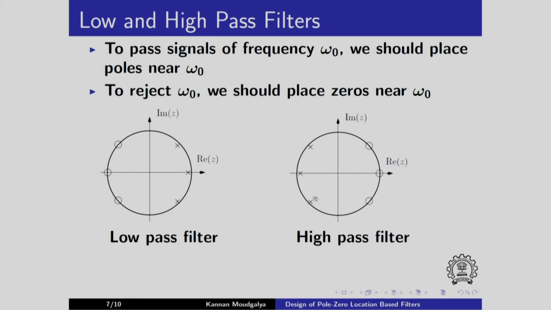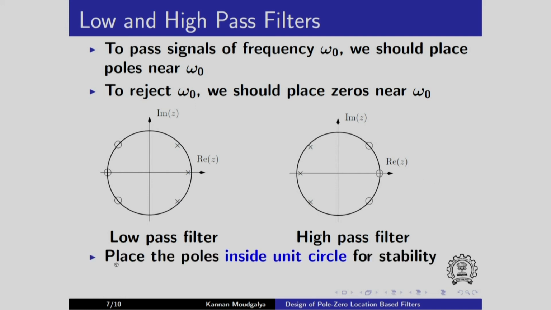Similarly, for a high pass filter, you pass high frequency information and reject low frequency information. We have to remember to place the poles inside the unit circle for stability. We do not want to have unstable filters. For example, if the poles or zeros happen to be complex, choose them in conjugate pairs.